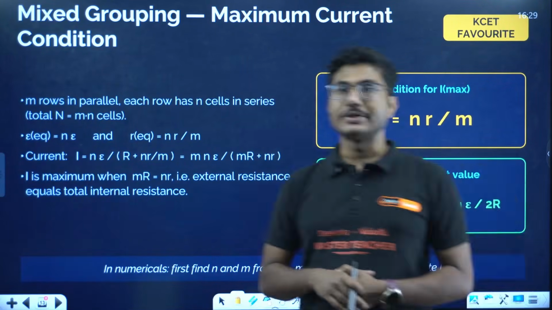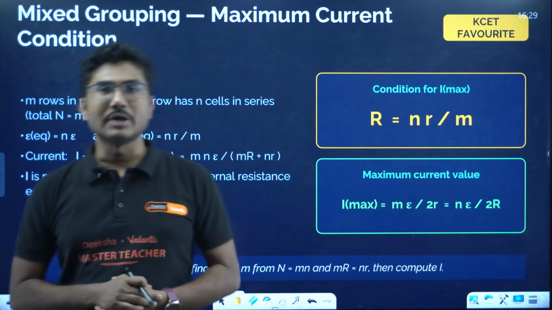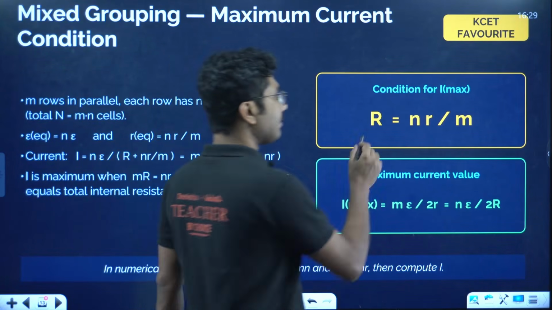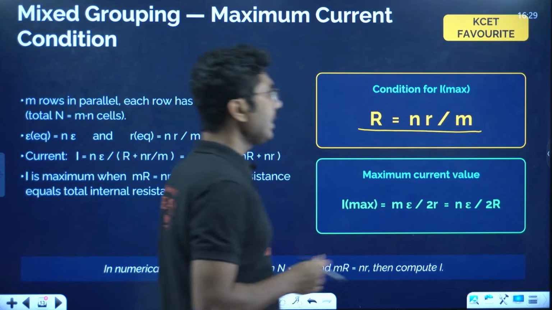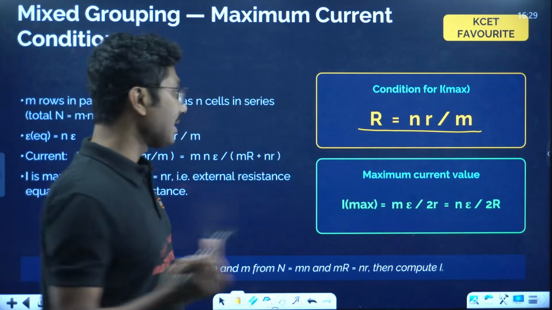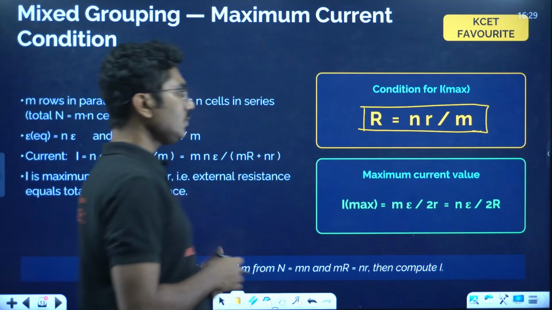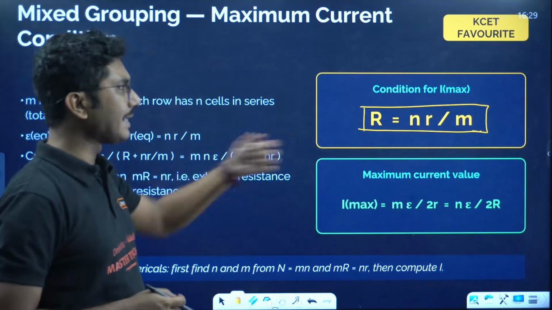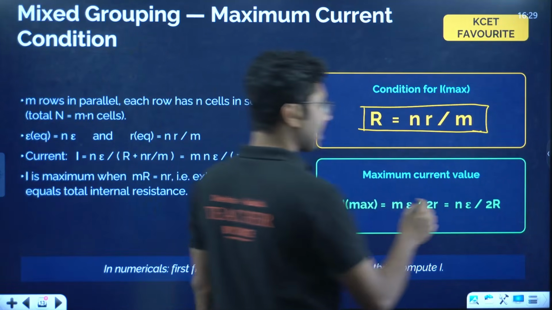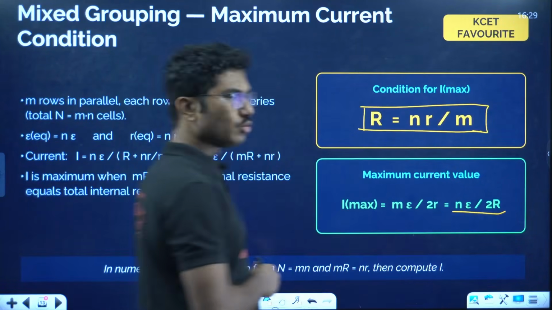For maximum current, the condition is R must be n r by m. Maximum current can be calculated as n epsilon by 2R.